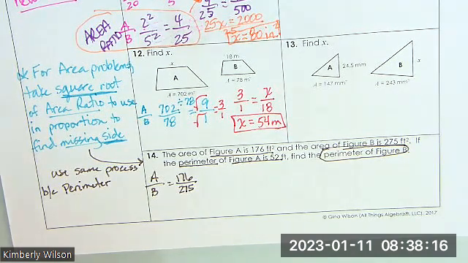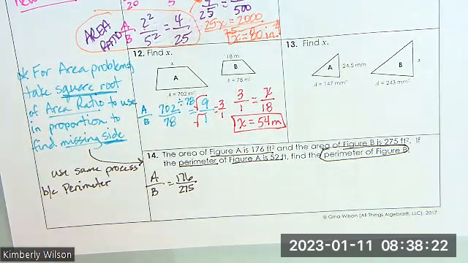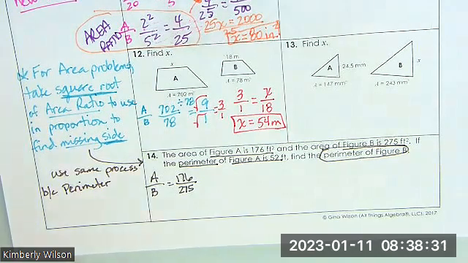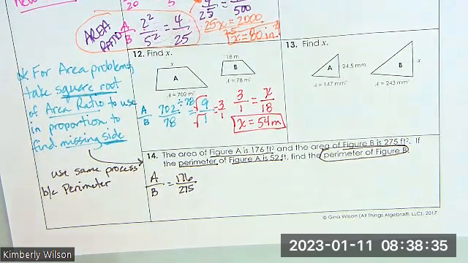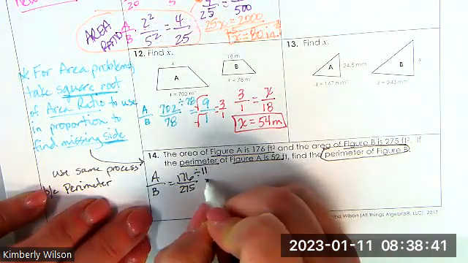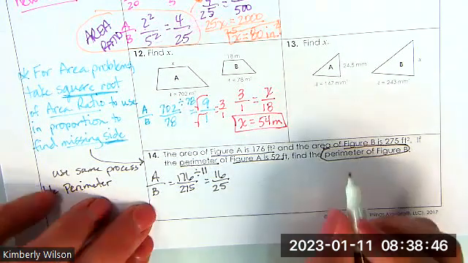Oh, 3. Let me try 3. 275 divided by 3. Enter. No. 275 divided by 15. No. What are they dividing by? Okay, so they're dividing by 11. So divide by 11, and we end up with 16 over 25.